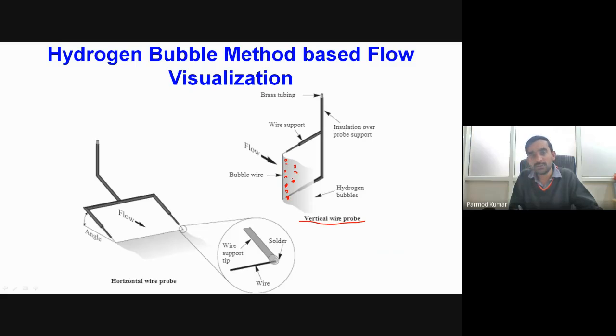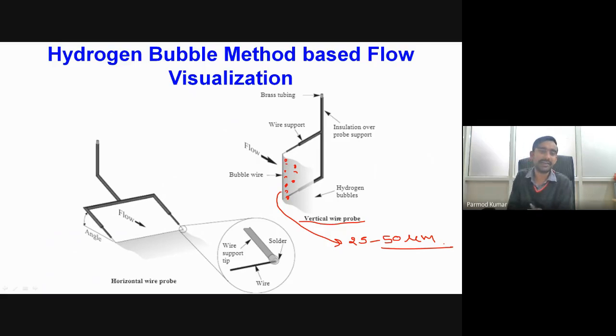One important thing we have to consider over here is that this wire will be inserted inside our flow field, so this wire should be very thin. So generally what is done, we take the diameter of the wire of the order of 25 to 50 micrometer. Okay, and generally it is made up of platinum material.